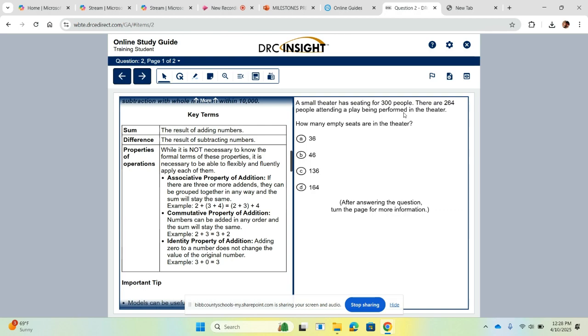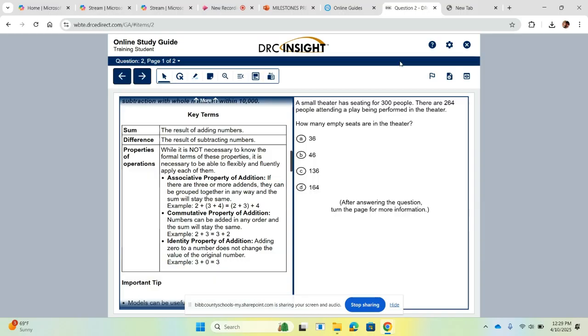So their algorithm should look something like this: 300 minus 264. Three-digit subtraction. So what happens in three-digit subtraction? Absolutely, you have to regroup. I'm hoping everybody is saying it. And in the regrouping process, we learned what?